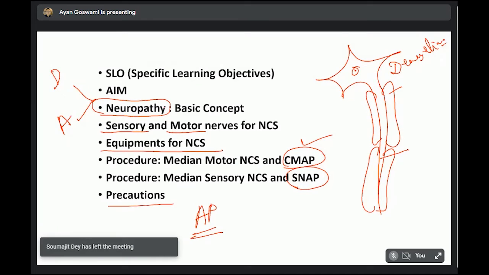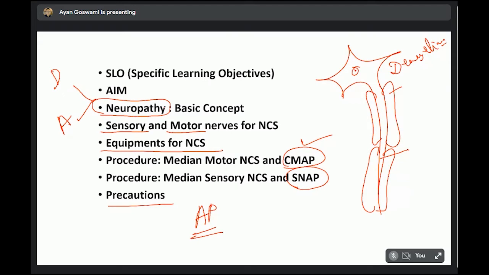Physiologically, if we focus on the pathology, what is the disease process, the best classification is always axonal neuropathy and demyelinating neuropathy. And nerve conduction study is the way you can differentiate between these two disease processes, right?